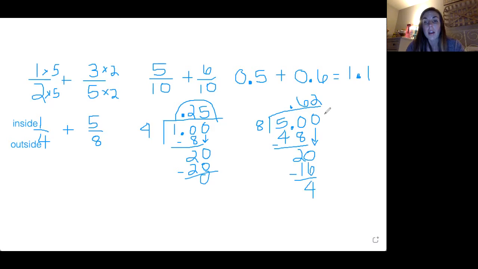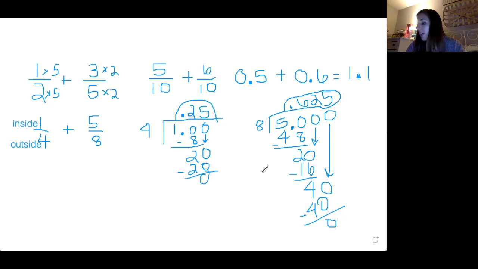We need another 0 because we don't have a remainder of 0 yet. Bring it down. 8 goes into 40 evenly 5 times. Subtract. So if you would want to write 5/8 as a decimal, it is 0.625. All right, and then if you wanted to add those numbers, you would just add those up together.